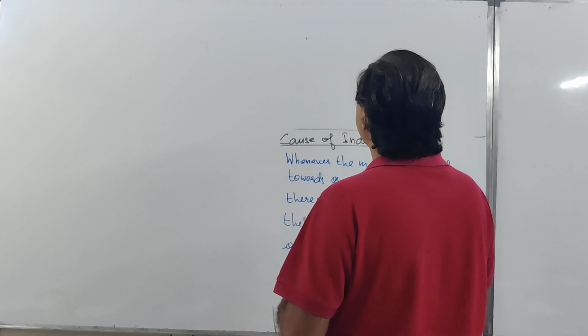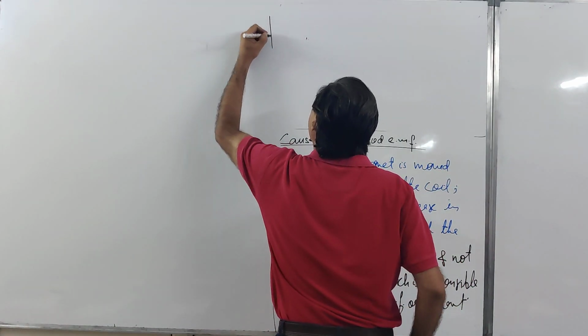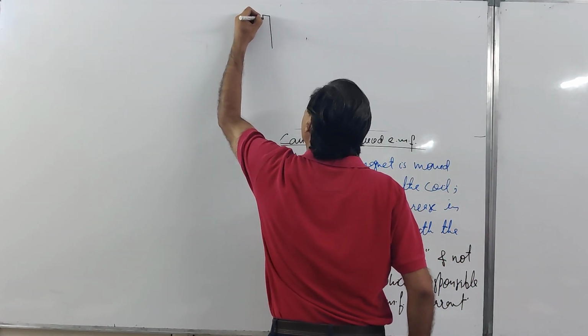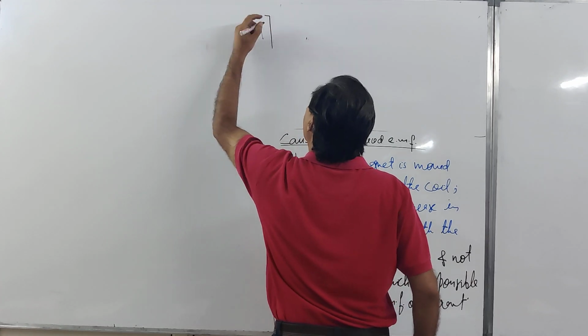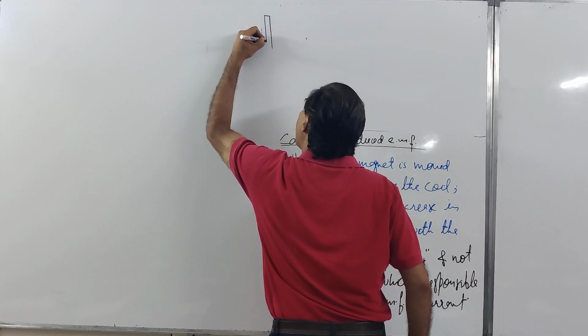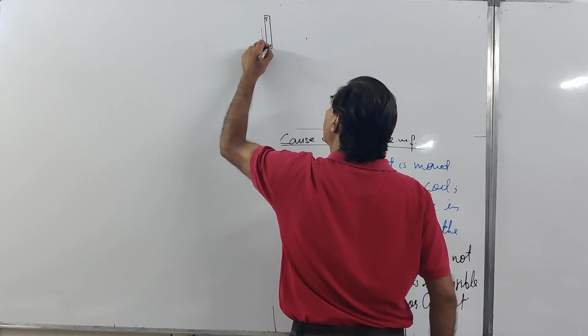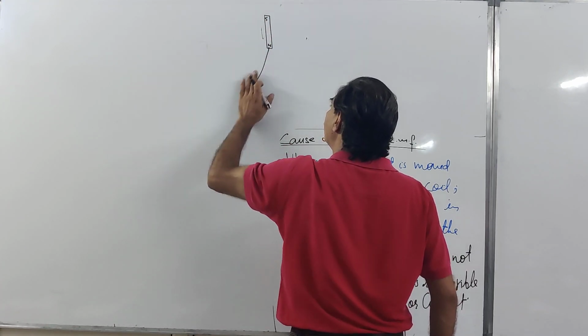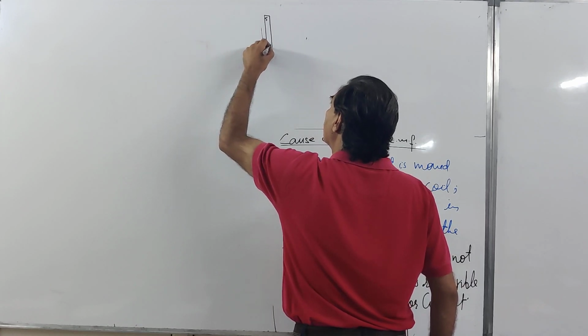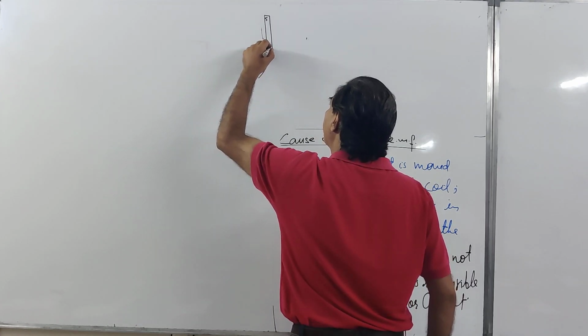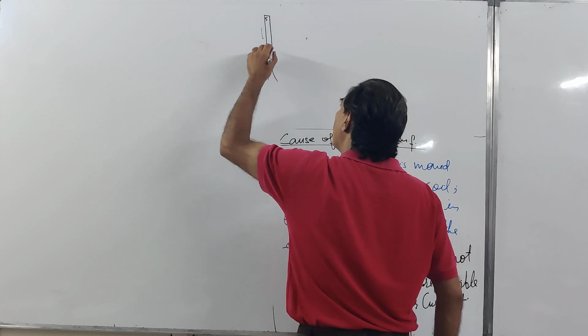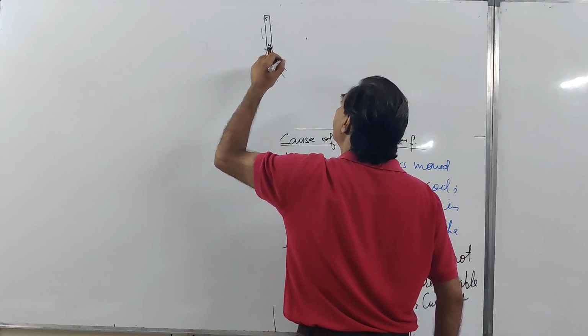Let's say we have this magnet here. North, south. These are the number of magnetic field lines which are emanating from it.